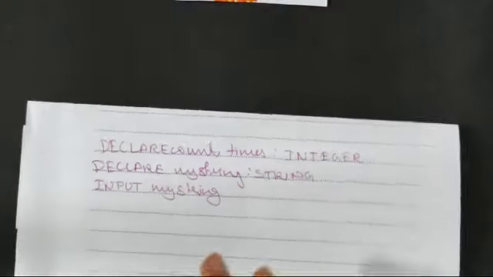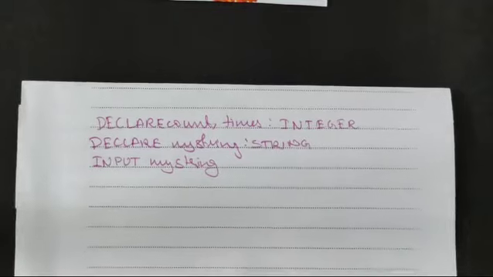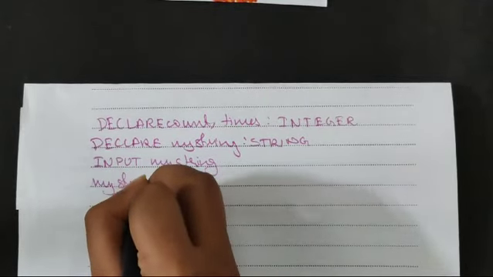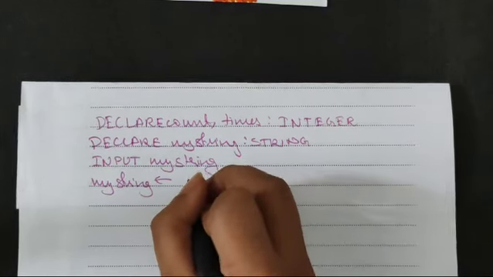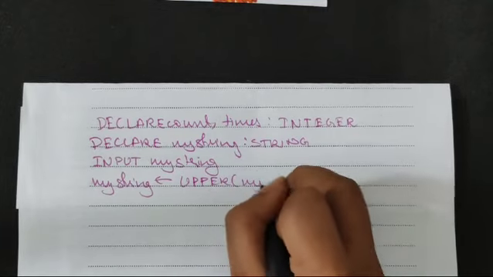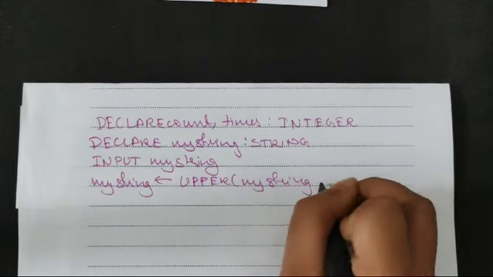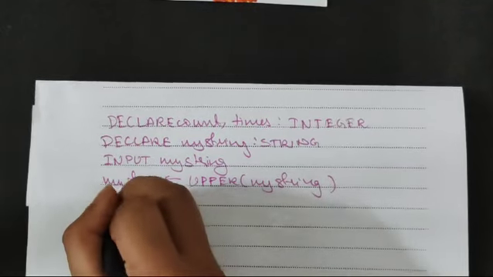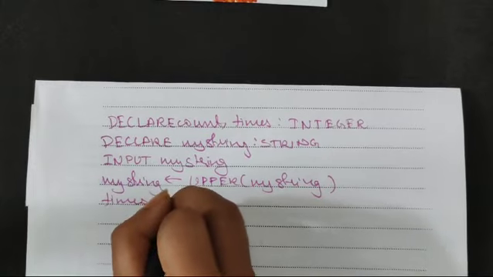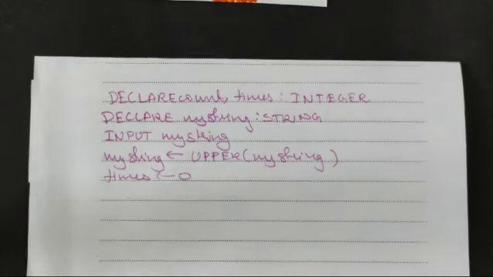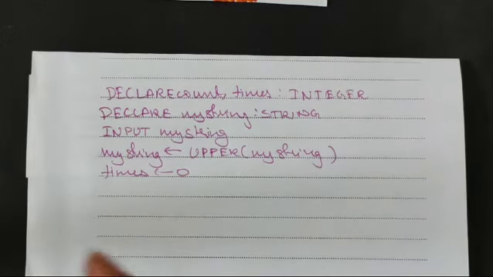So I'm just going to do my string is going to be set to upper of my string. I hope you are understanding this. And I'm going to set times to 0 because I have not encountered any O's until now.